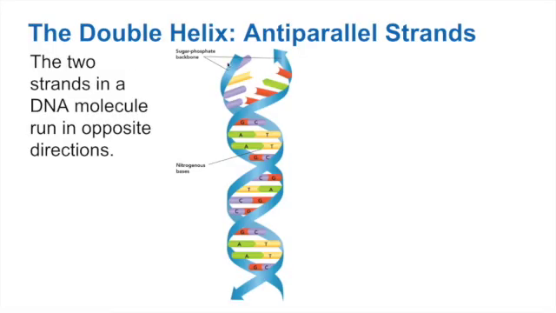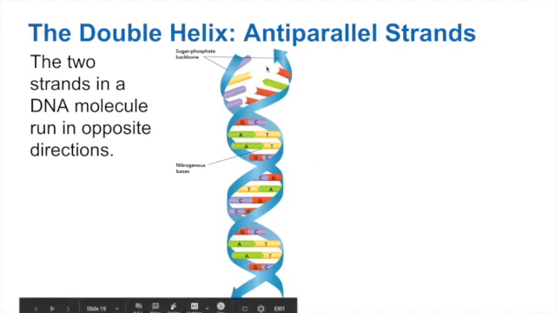So here's our double helix. One thing that I really want to point out is that our double helix isn't just both strands going directly up. You can see here this arrow is pointing up, and this arrow down here is pointing down.